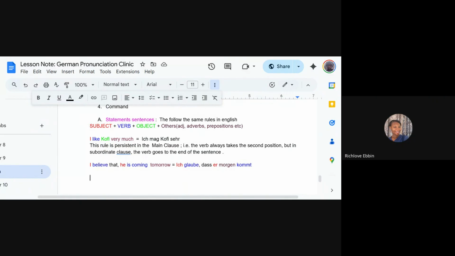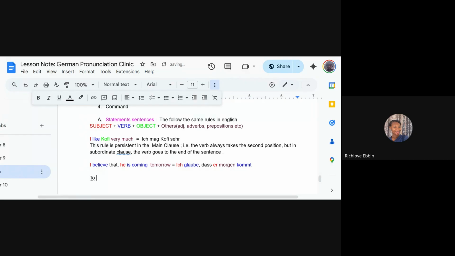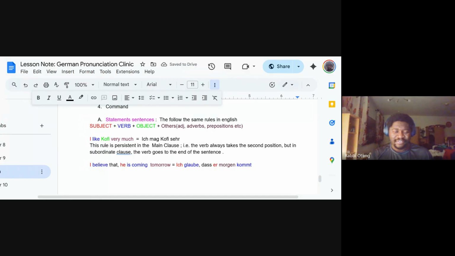Yeah, I get you, but I need a sentence that contains an adverb or a direct object, like a subject that contains everything. Do you want to use the conjunction "that" or another conjunction? Any conjunction, so long as with that conjunction you have to shift the verb to the end of the sentence.